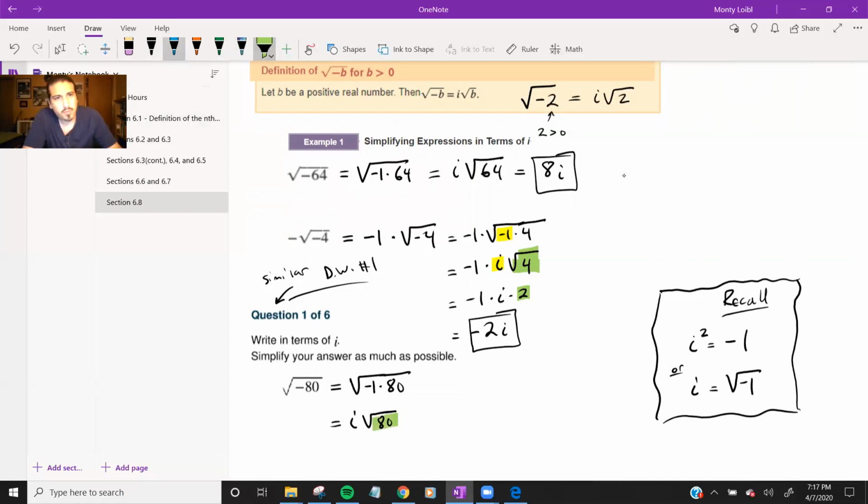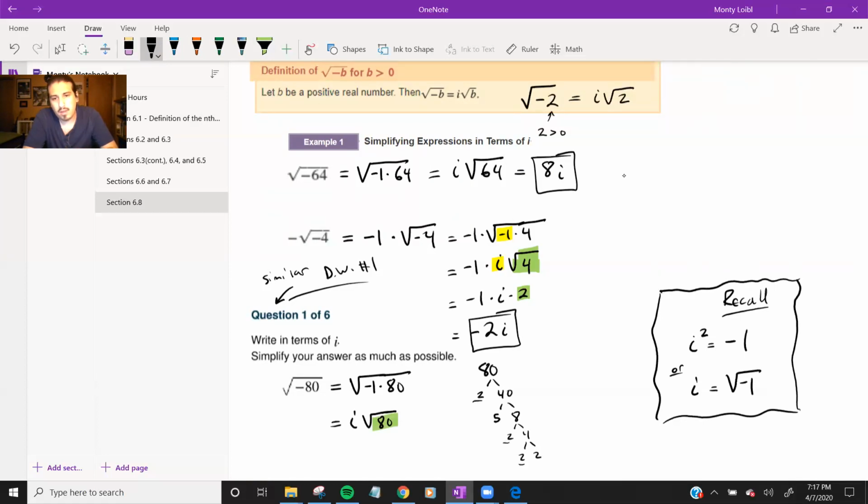So looking at 80 first, let's break it into its prime factorization, or you're looking for its prime factors, or its perfect squares. So when you break that apart, 80 is 8 times 10, which is 2 and 4, 2 and 2 times 5.